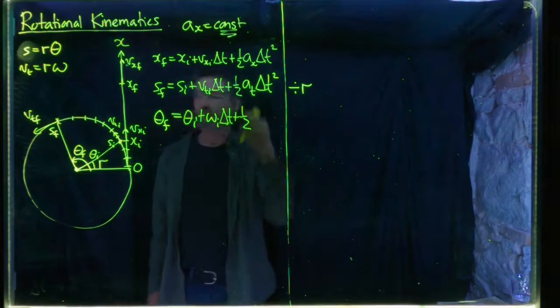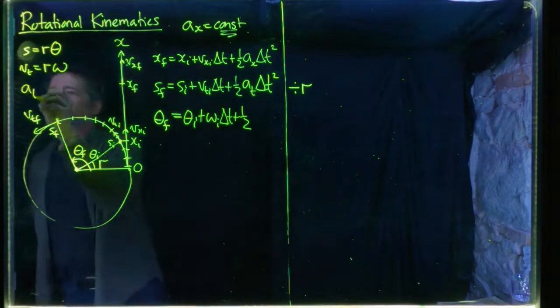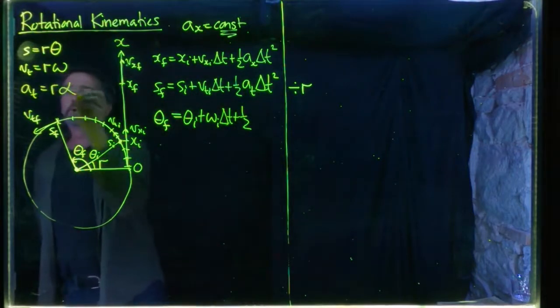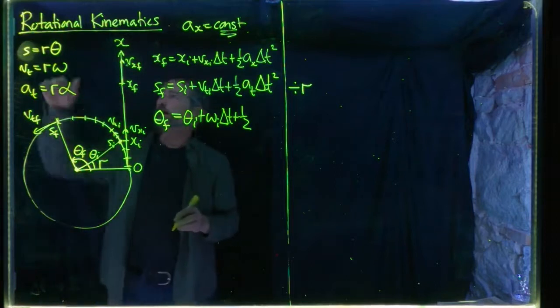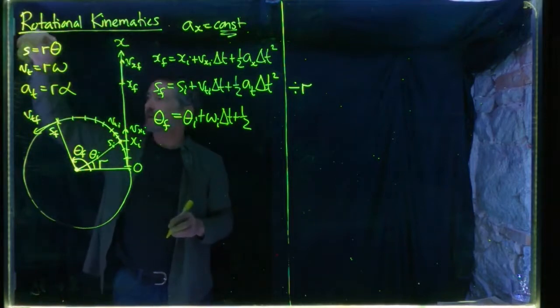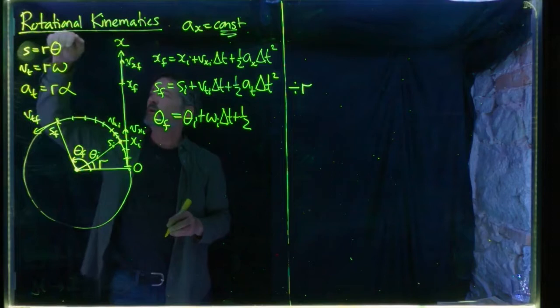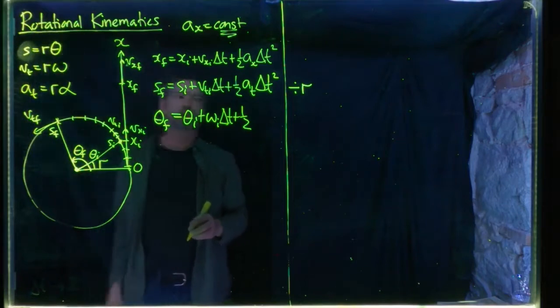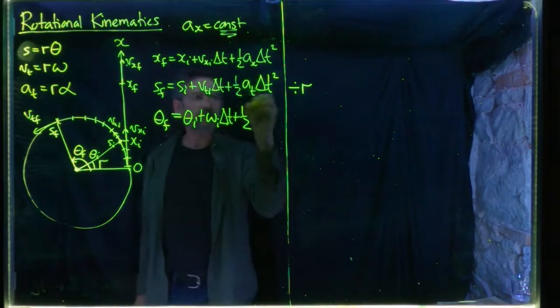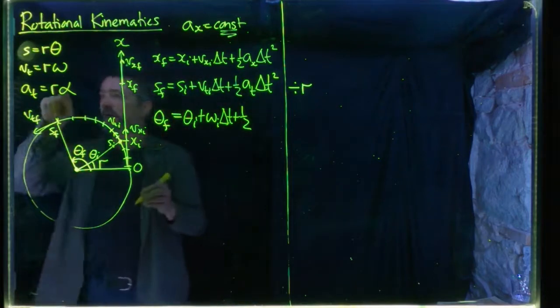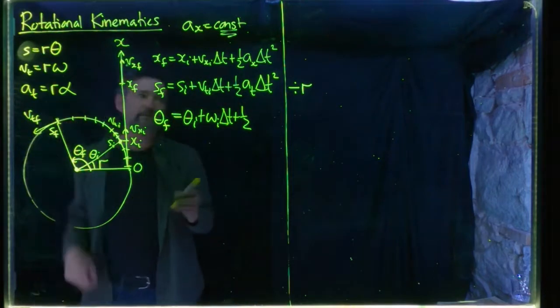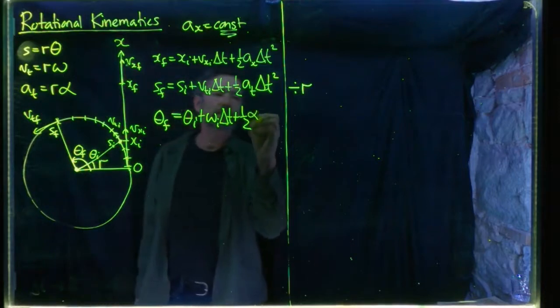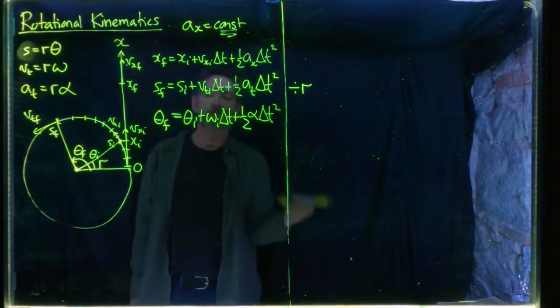Take A tangential, so A tangential is equal to R times alpha. So tangential quantities are always R times angular quantities. And if we take this tangential acceleration and divide by R, we get the angular acceleration alpha. So this becomes alpha delta t squared.